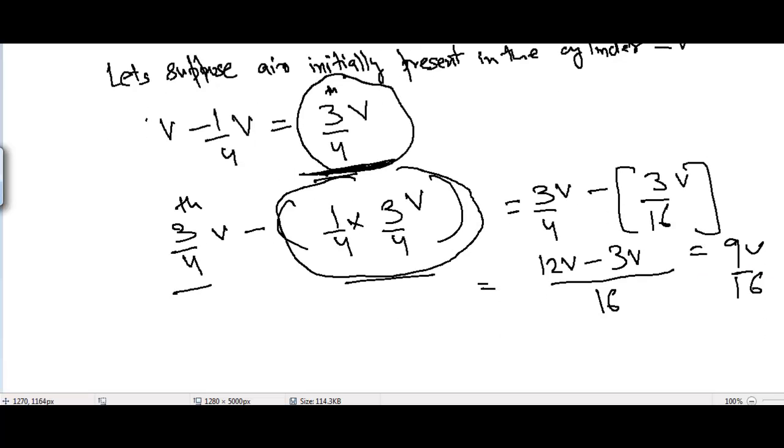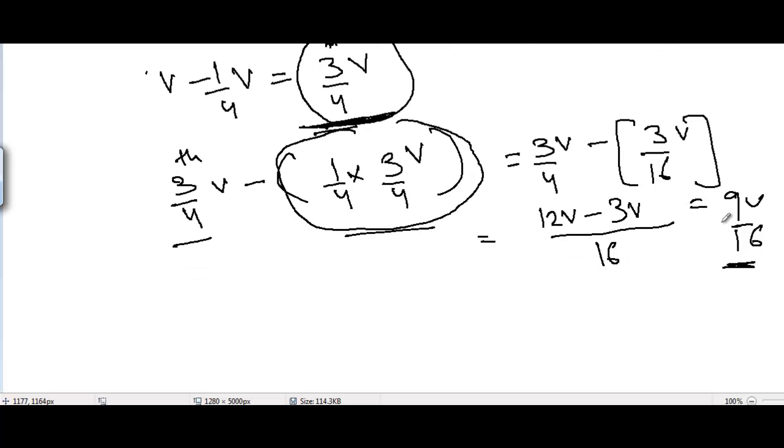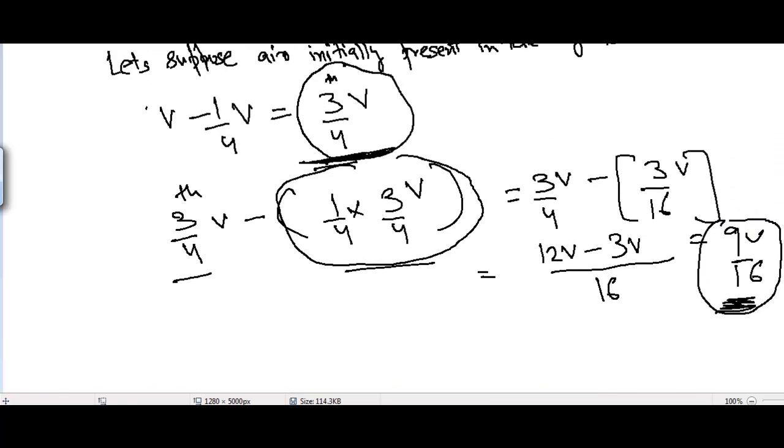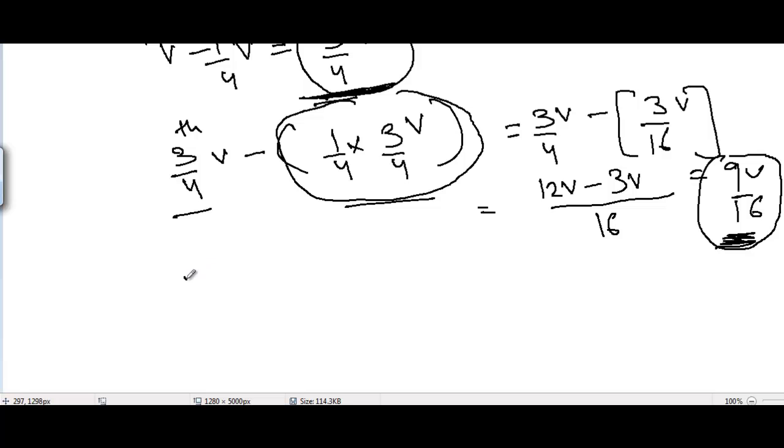So next time we will have this much of air. Now we can also find the next term, and we will have to remove 1/4 of this. We will have to remove 1/4 of the air from this much of air. But we can have an idea just now. Okay, we have terms of the sequence like that.